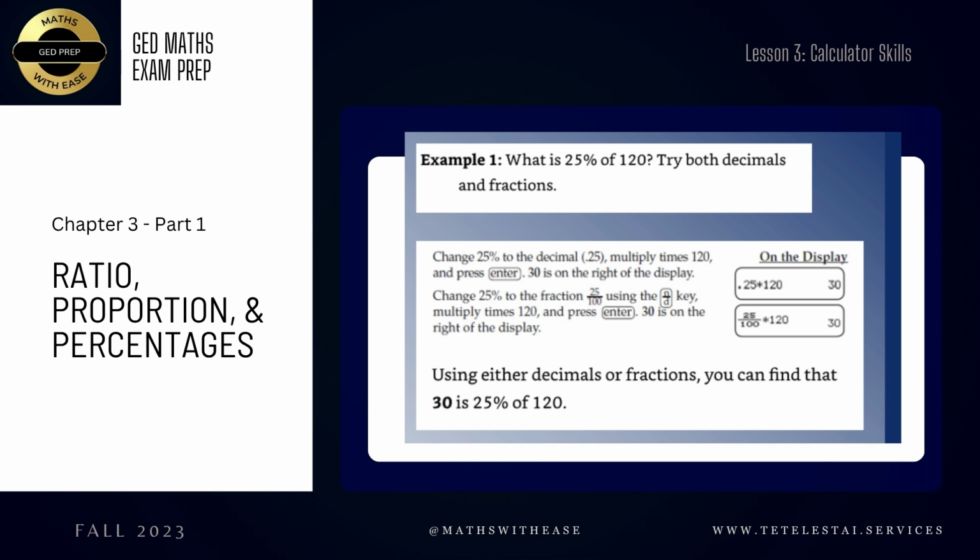In this example, you're asked to find 25% of 120, and you're told to try to use your calculator to find both the decimal and the fractional equivalent. Remember, we talked about equivalent fractions in chapter 2.